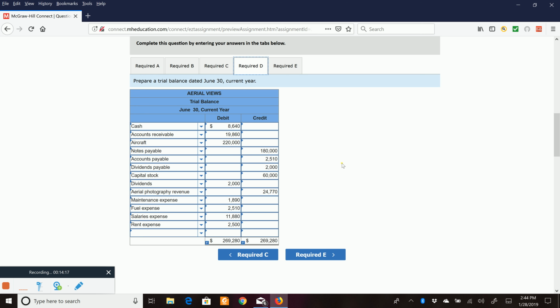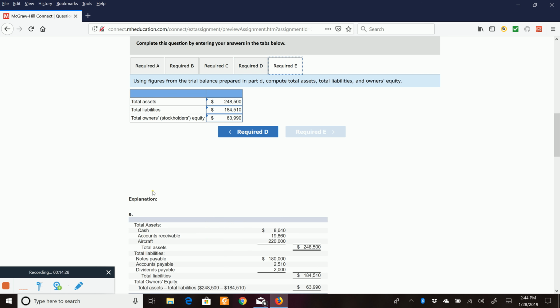And then from this trial balance, we're going to go through an adjustment process. And then from there, we will have an adjusted trial balance, and then we're able to prepare financial statements. So that is basically the trial balance, putting together the trial balance from the running balances in all the ledger accounts.